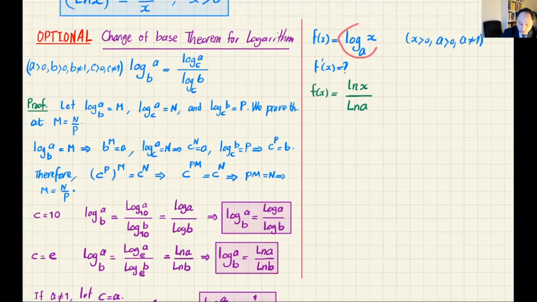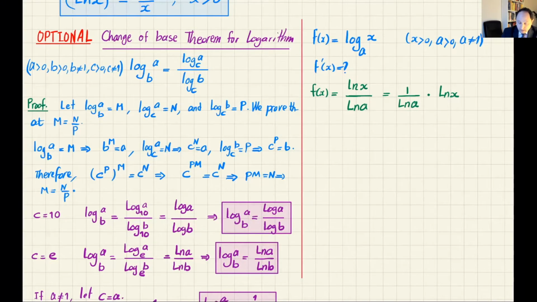Here I have logarithm of x in base a, so I wrote it as ln of x divided by ln of a. But this denominator, this is a fraction, but this is not a real fraction, meaning that ln of a is a constant, so 1 over ln of a is also a constant. And then I have ln of x here.